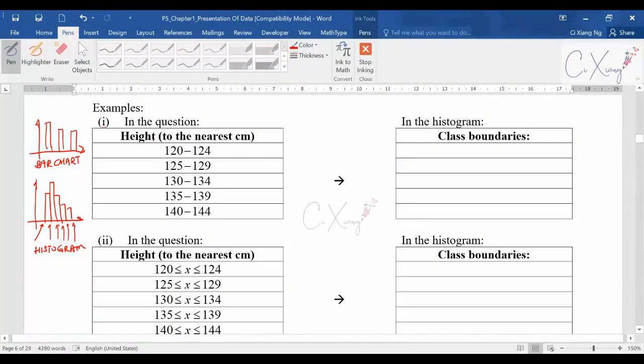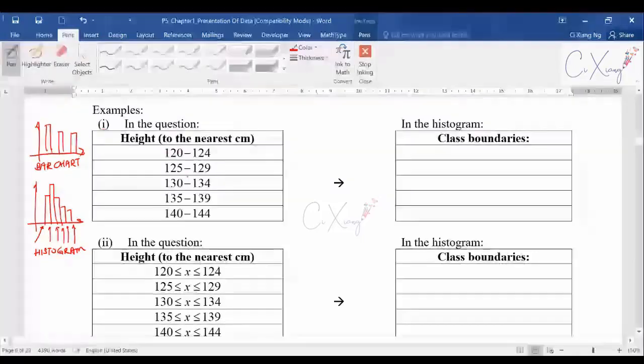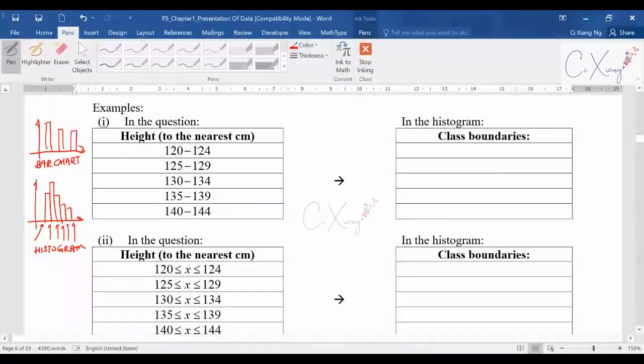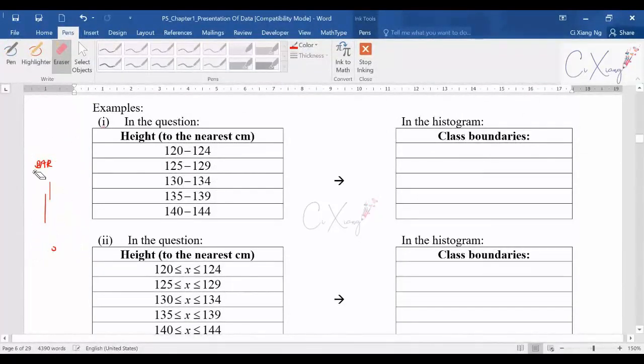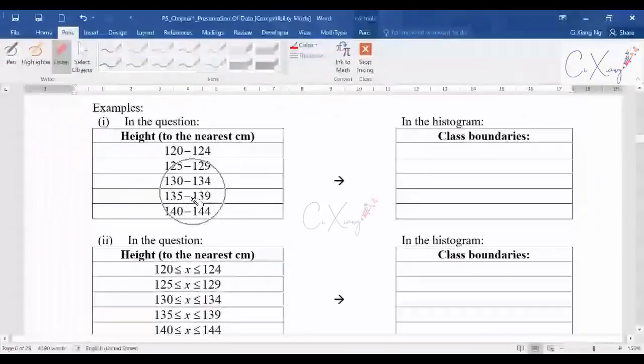Sometimes you need to do some adjustment to get rid of the space between all the bars. Sometimes you need to do the adjustment, sometimes you don't need to. It depends on the data that they give you in the question. As an example, if in the question they give you this set of data, 120 to 124, and then 125 to 129, and so on, do you need to do the adjustment to get a class boundary or not?